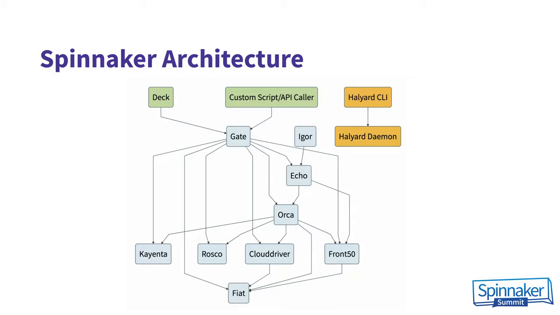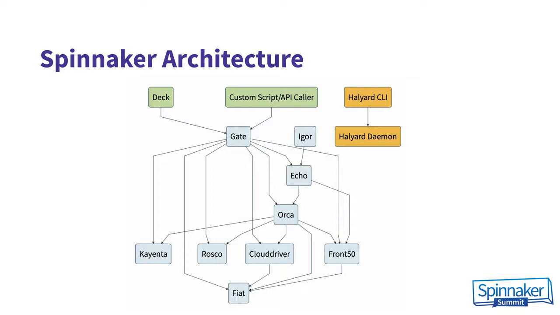There are other components in there. The main one is Orca, which is the real orchestration engine. That does the orchestration of all the pipelines that you have, what should run next, and all that. Orca talks with a bunch of different services. One of them is Roscoe, which is called the bakery.